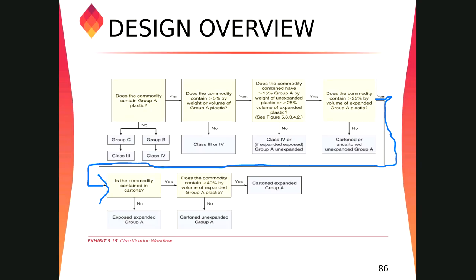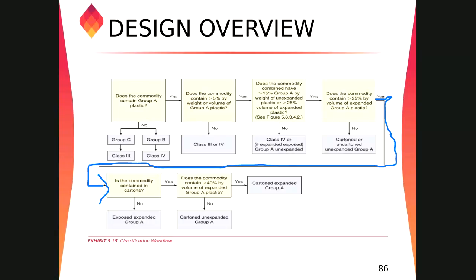Now the fire behavior of the products, the plastics, is different for cartoned material and uncartoned materials. It means if you are placing your product without any packaging or without any carton, the burning behavior, the fire behavior will be different based on the exposed product plastics or unexposed product plastics.